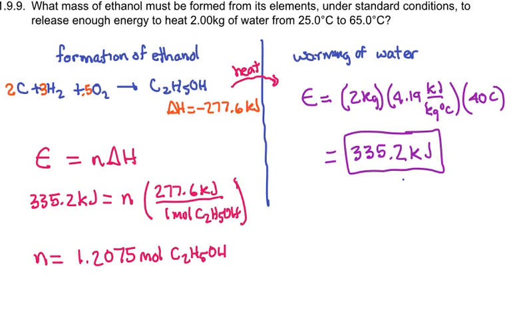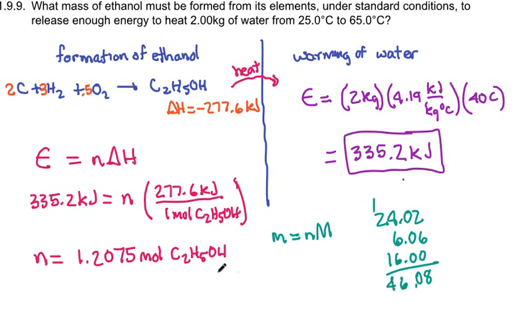of ethanol. So how do we find masses? M&M. Mass is number of moles, which we just got, times molar mass. So we need the molar mass for ethanol. 2 carbons is 24.02. Total of 6 hydrogens is 6.06. There's a single oxygen, that's 16. 8, 0, 10 plus 6, 16, carry 1, 46.08 is our molar mass.